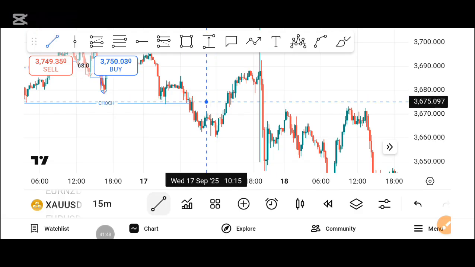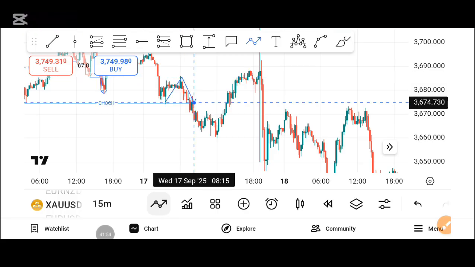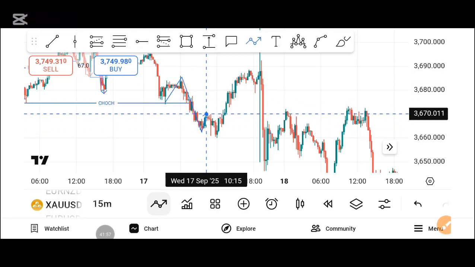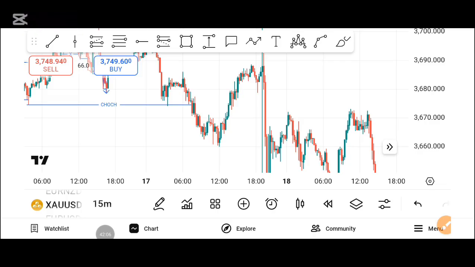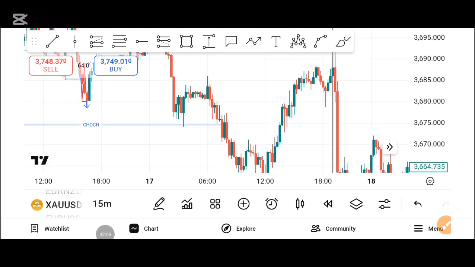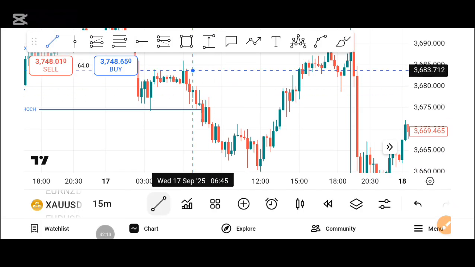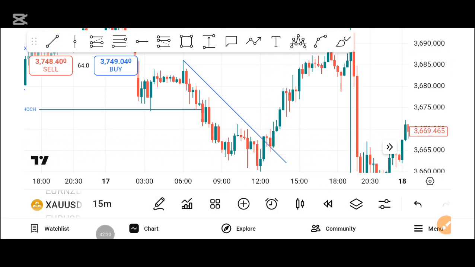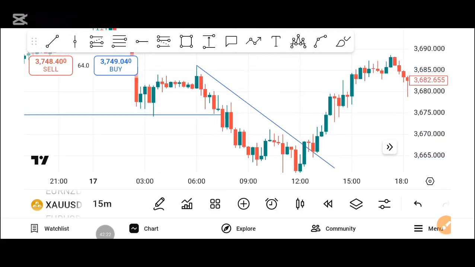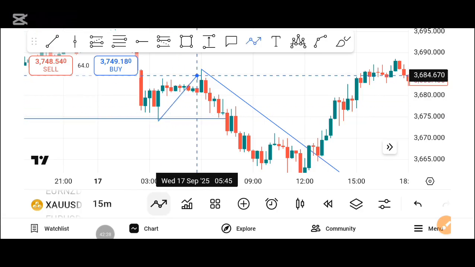And look at another inducement again. After we have a move like this, this is what I was telling you guys about. Now in this particular swing, we have this move here.